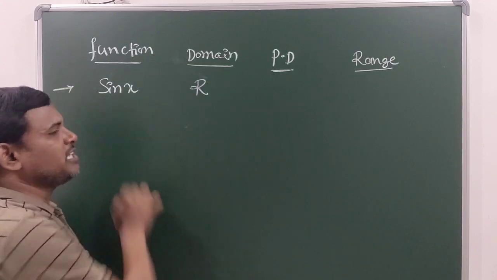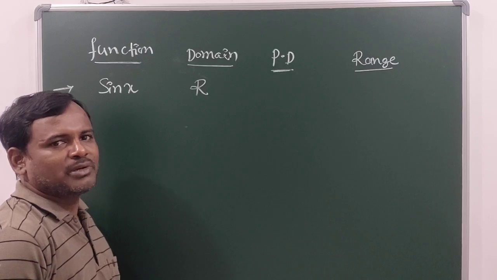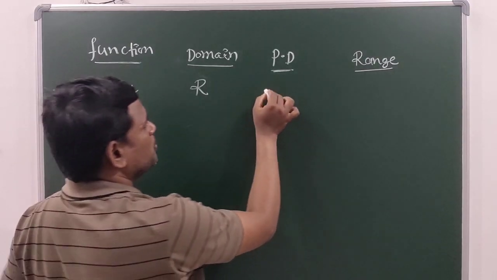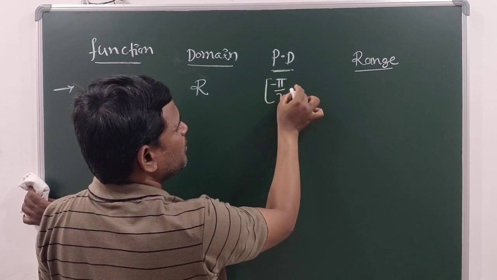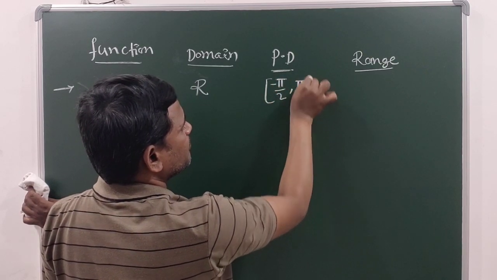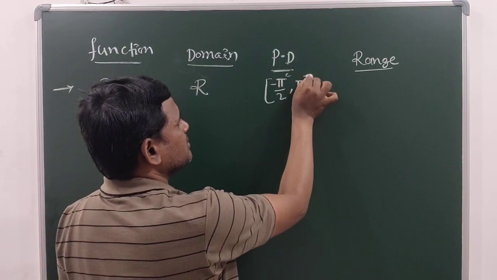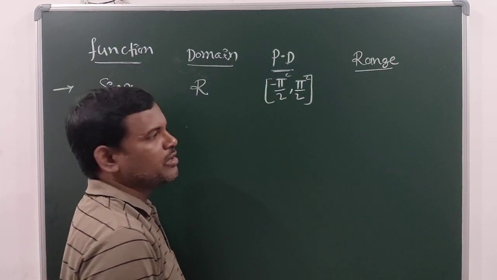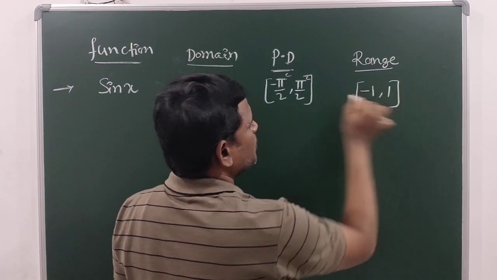As we know, sin x is defined on the entire real number set. Its principal domain is minus 90 to plus 90, that is, minus pi by 2 to pi by 2 radians, and its range is minus 1 to 1.